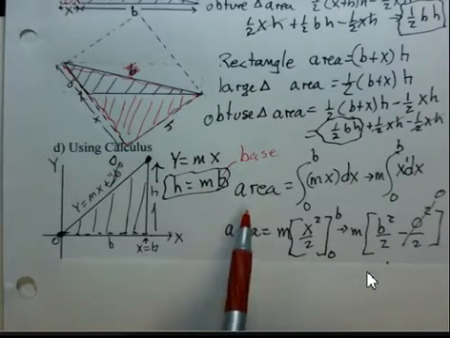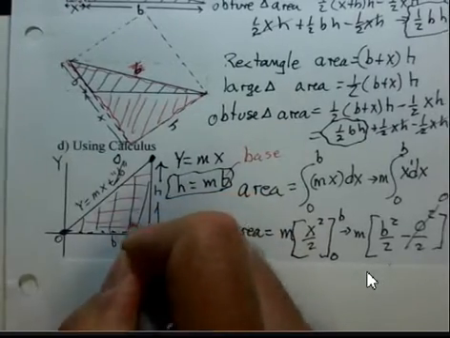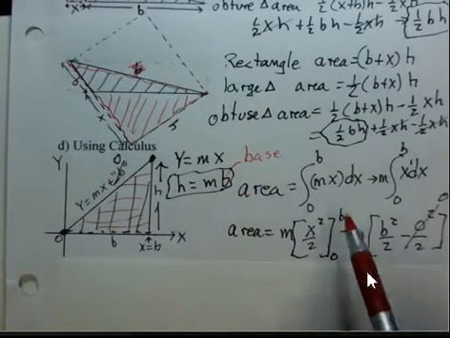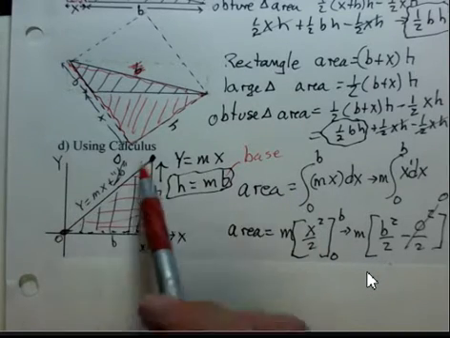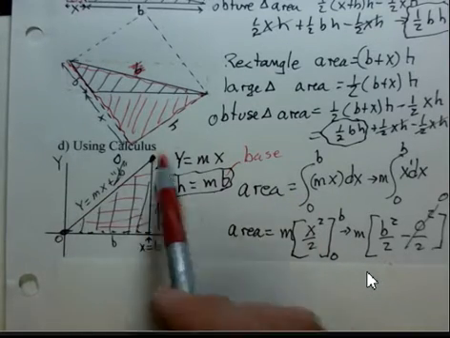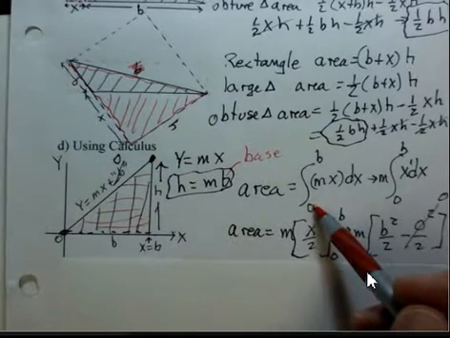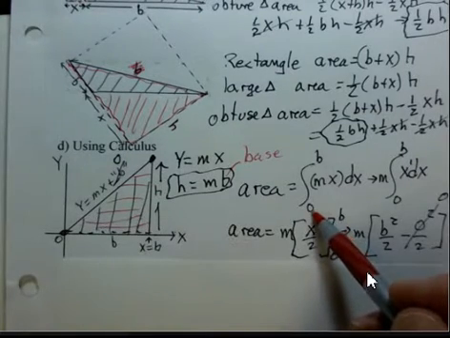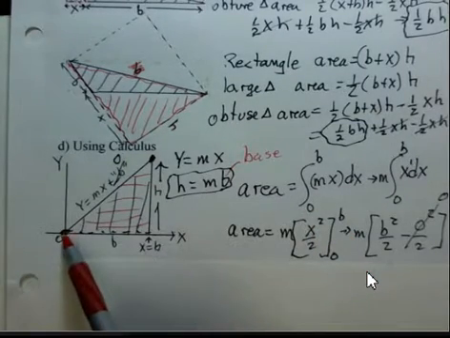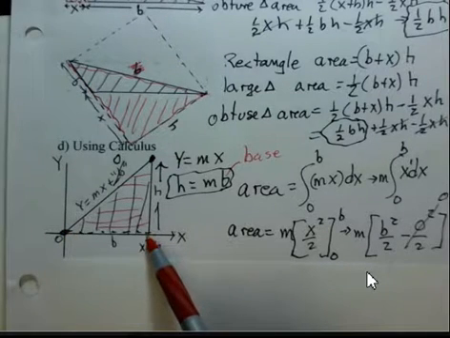Let's calculate the area using calculus. We want the area underneath the curve. Curve here is a straight line; curve is a general term. But to find the area underneath a line or a curve, we do this antiderivative process. So we're going to start summing the area, starting with the area at 0 and ending the area at b.